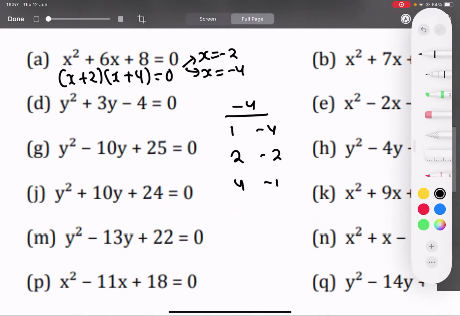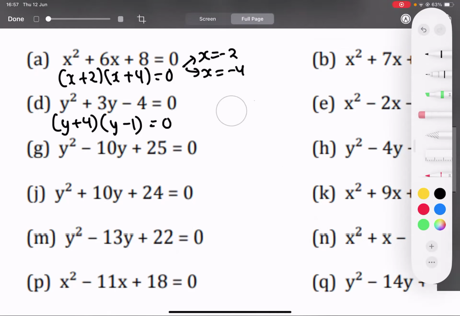So how would you write your answer? y plus 4, y minus 1, equals 0. That's factorized. And if it says to solve, what would I write? y equals minus 4, y equals 1. Well done. Perfect. We'll do one more, and then you can practice afterwards.